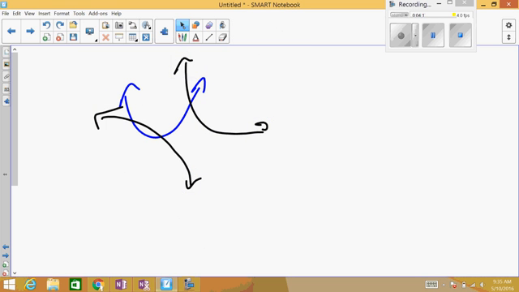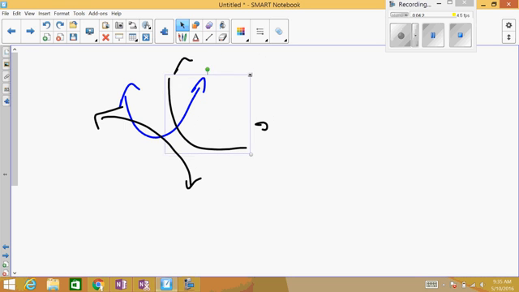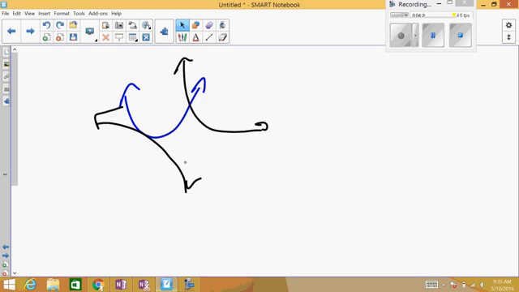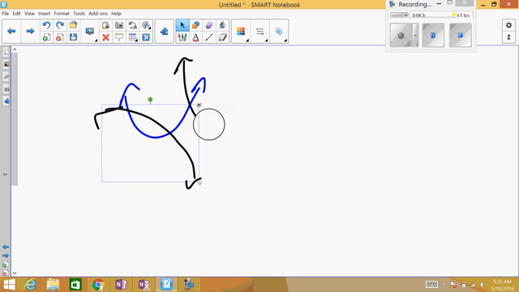We could definitely have 2 points of intersection, something like this. We already saw where I moved it at first that we could have 3. And depending on how we turn this hyperbola, we could also have 4.